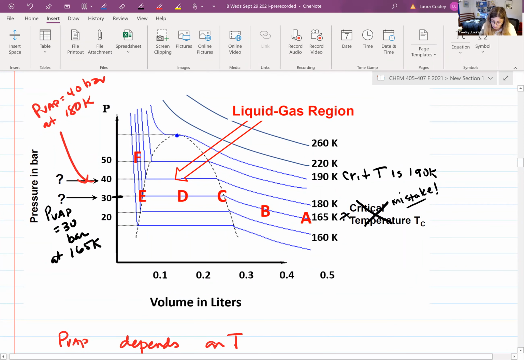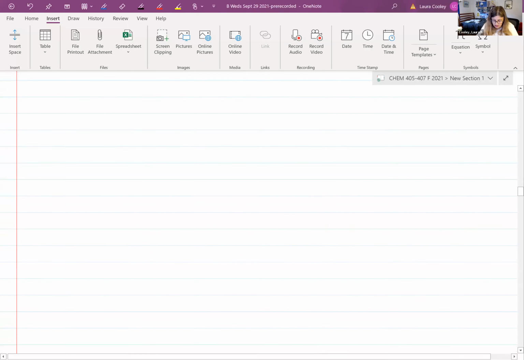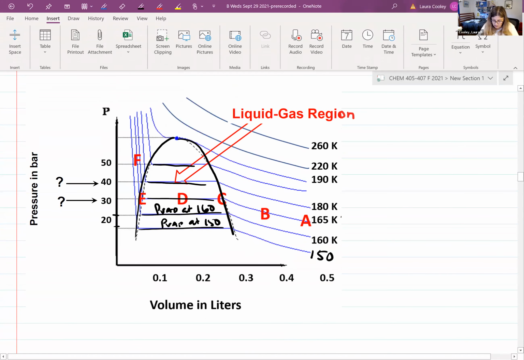Now, here's the interesting thing. If I look at this curve, what happens at 190 is that you're decreasing the pressure.